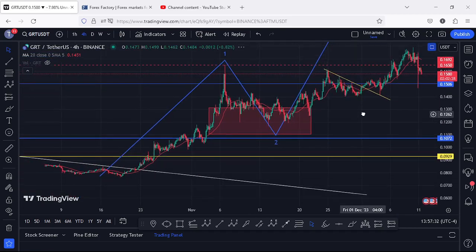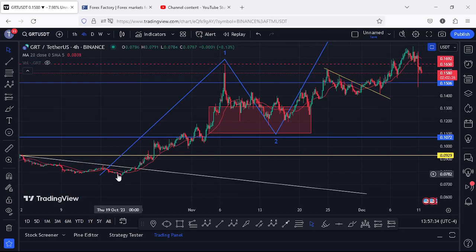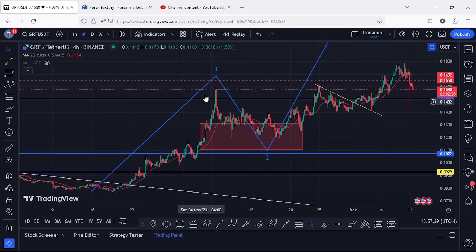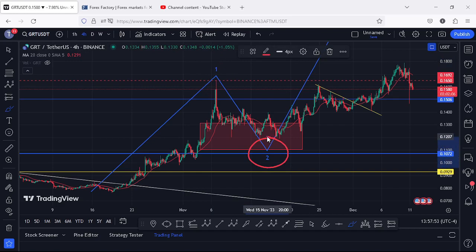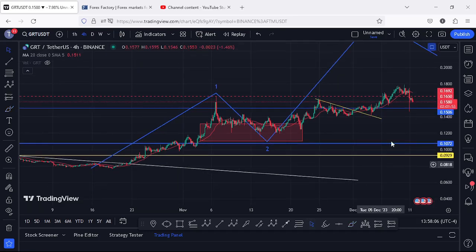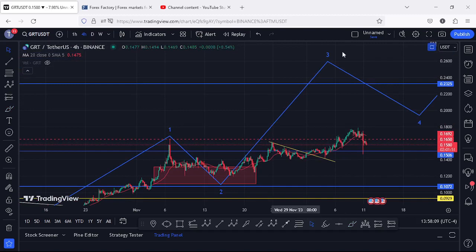Zooming out on the charts, you can see that after getting our significant low on the 18th of October, GRT gave us this massive pump to the upside, giving us a high above the $0.165 mark in what I'm terming as the formation of this wave 1, then gave us a bit of a pullback in the formation of this wave 2 into the minimum target areas highlighted on the charts using this red target area over here. We fully maximized the area and started an aggressive move to the upside in what I'm now terming as the start of this wave 3 to the upside.